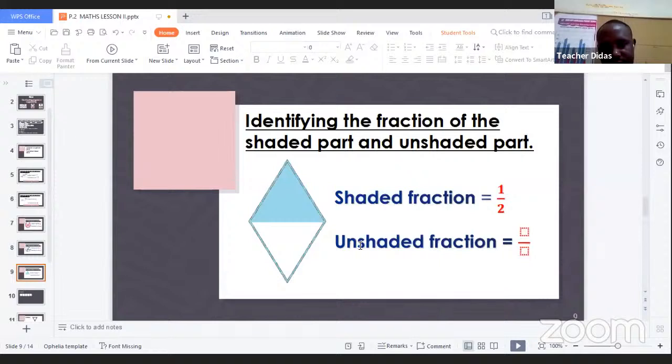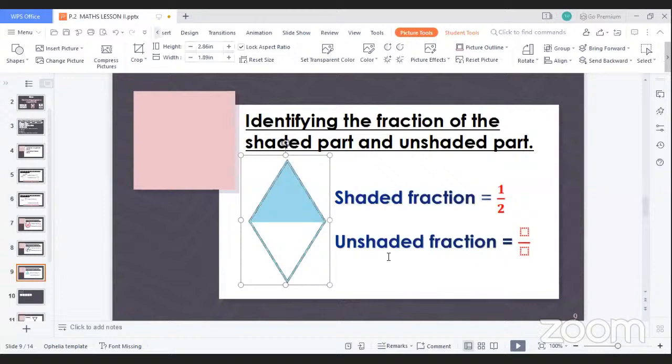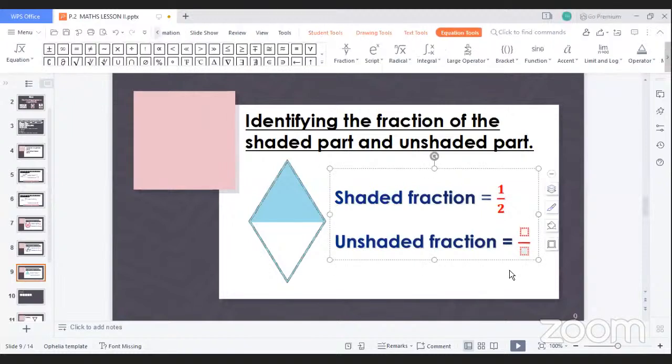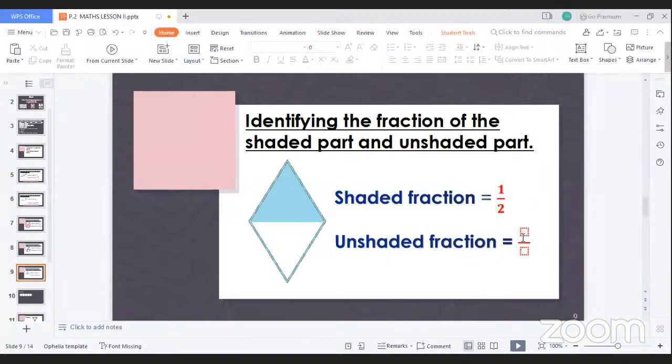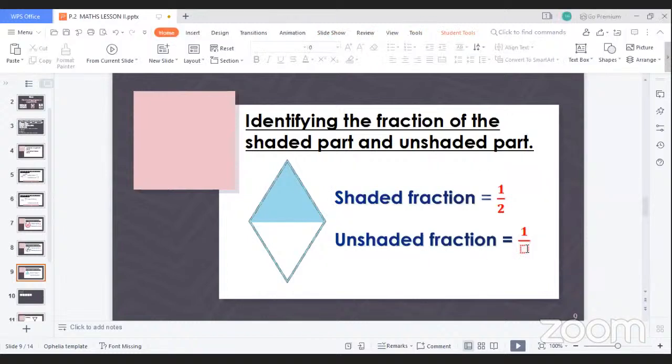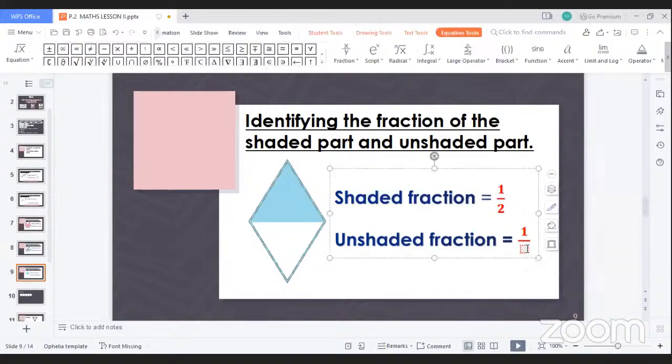What do I do? You put here number 1. Where? Here. Up. The numerator is 1. Then down, you put 2. Good.